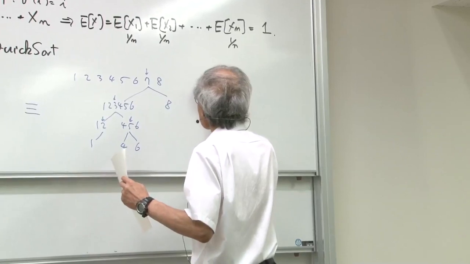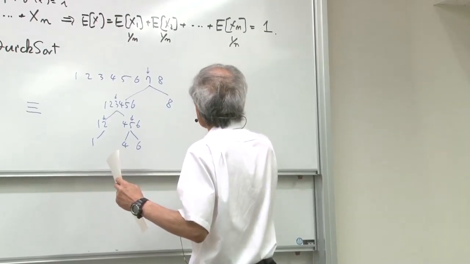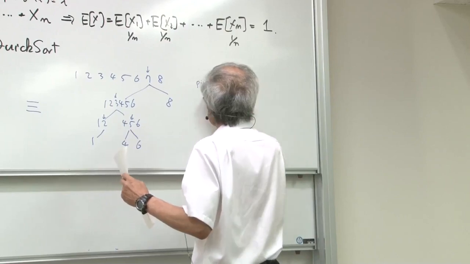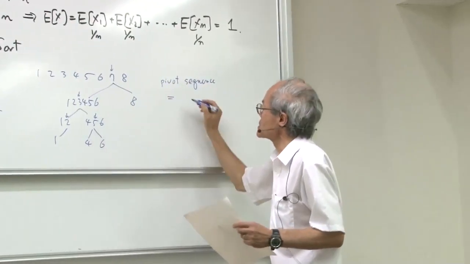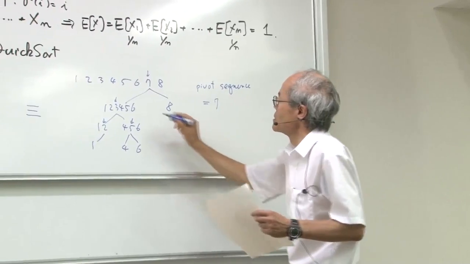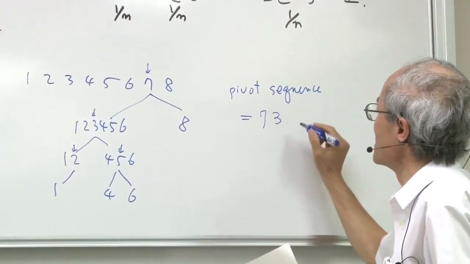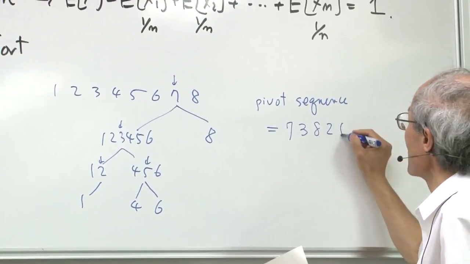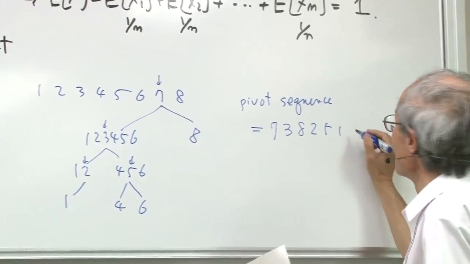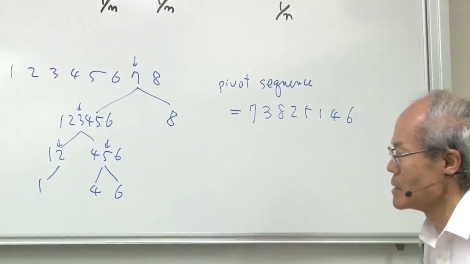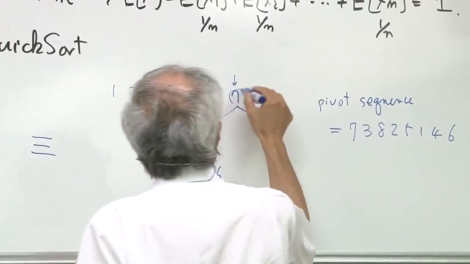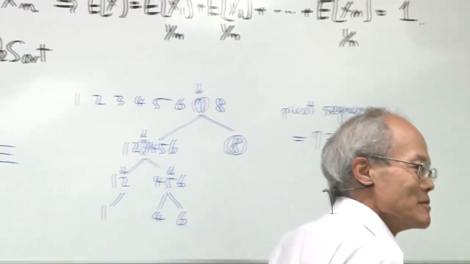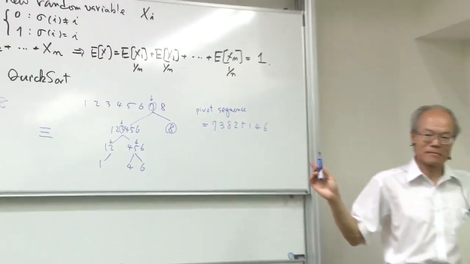Now, consider the pivot sequence. In this case, 7, 3, 8, 2, 5, 1, 4, 6. So this is a pivot. And this is only one number, but we also think of this as a pivot.